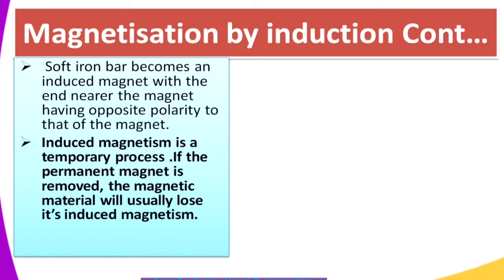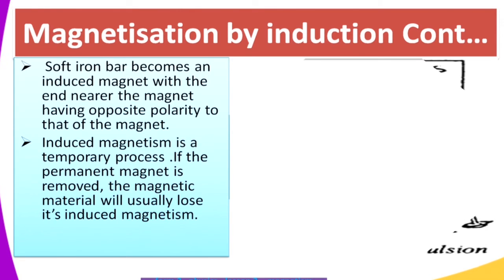Actually, this one is a temporary kind of magnetism, and that's why in most cases we have power surges and power blackouts, because transformers operate on the principle of induced magnetism. Once the electric current is cut, then you don't have the electrical method of magnetism, and therefore the temporary magnetism in the transformers is lost. So induced magnetism can actually be explained by the use of a transformer.